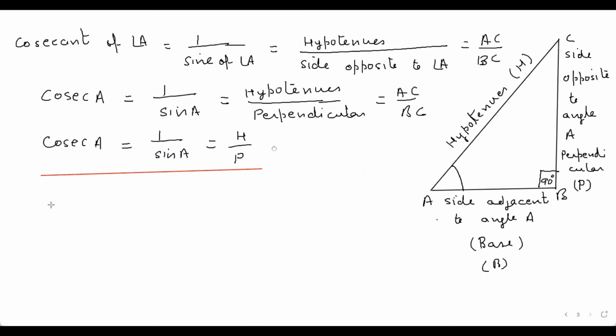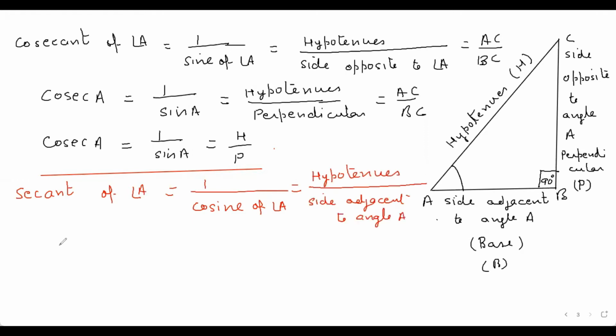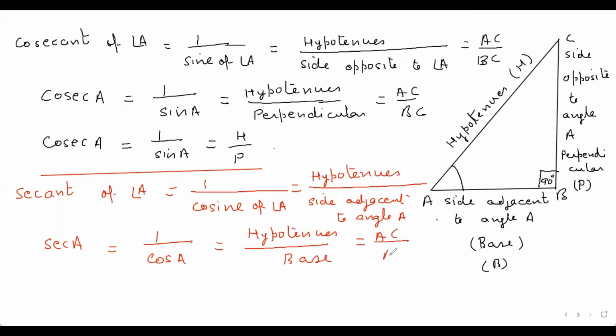Next is secant of angle A. 1 over cosine of angle A is equal to hypotenuse upon side adjacent to angle A. In abbreviation, we will write sec A is equal to 1 over cos A is equal to hypotenuse upon base equal to AC by AB.